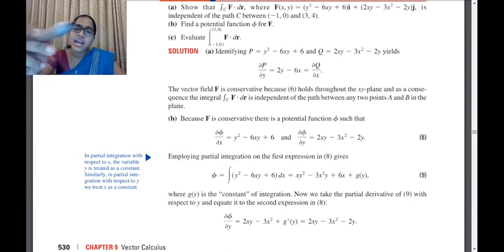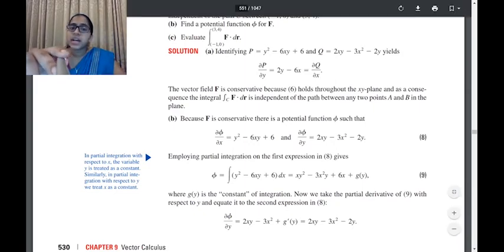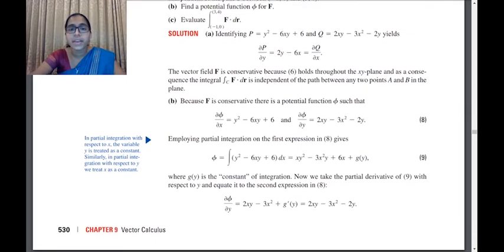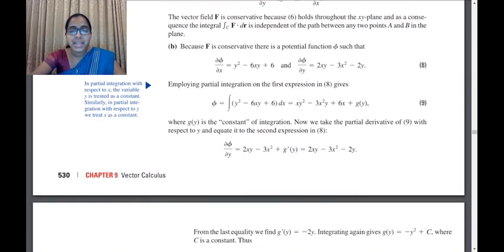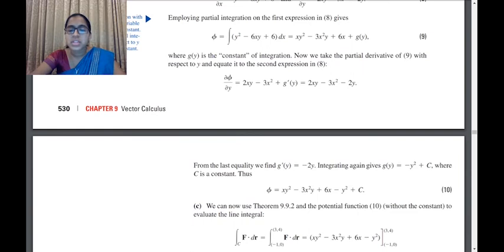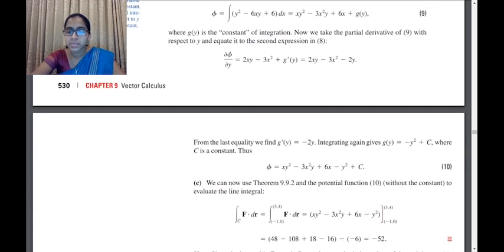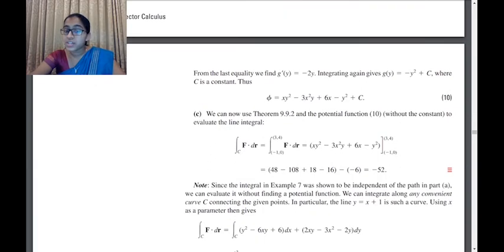We have to evaluate the integral. You know that if the vector field is conservative and if we can find a potential function for F, then the integral over C of F·dr is nothing but φ(B) − φ(A), right? That was in Theorem 9.9.2. That is how we can determine the integral value.